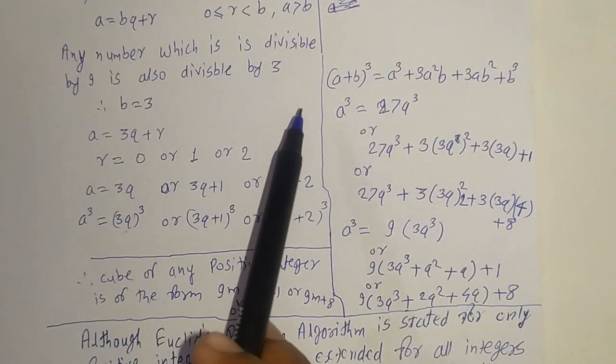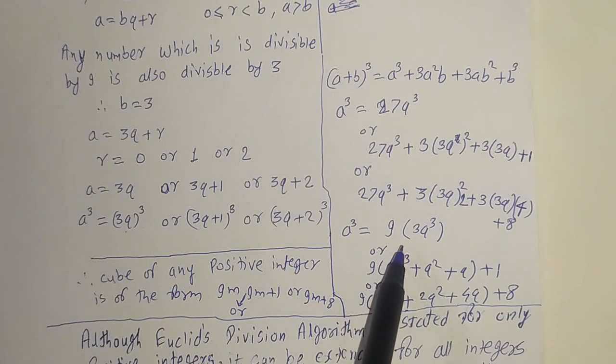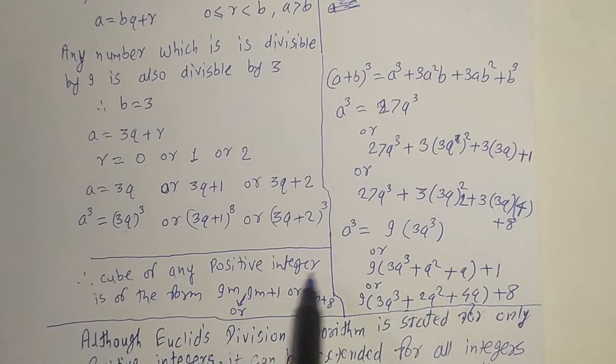Expand these three equations. Take 9 as a common factor. You will get three corresponding equations: 3 into some constant, 3 into some constant plus 1, 3 into some constant plus 8. We have assigned this constant as m.